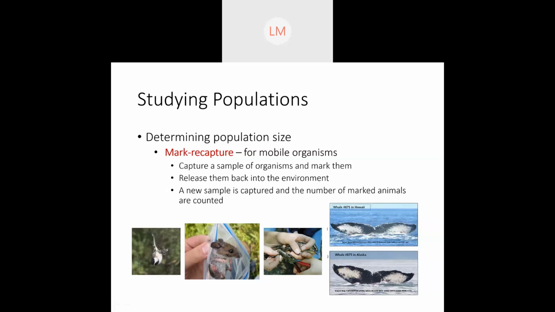So scientists can look at a whale in maybe Hawaii, and then see that whale again in the feeding grounds in Alaska and estimate how large a population is based on how many individuals they're seeing over and over again. So there's variations on this, but basically we capture organisms or mark them in some way, and then we come back later and see how many of the individuals in our new capture we've seen before.